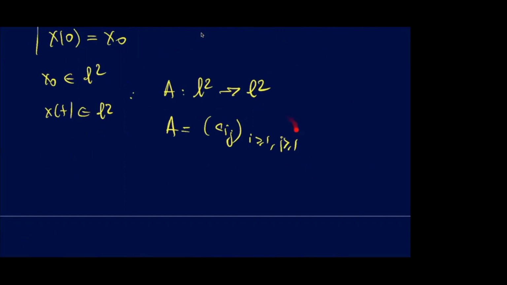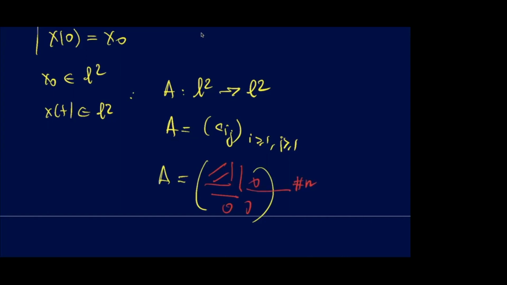Of course, this will always happen when A is of finite rank, right? If A is something like this, in which you have a non-trivial block of finite dimensions and then 0, 0, 0, and this block was of size n, this will be like a finite dimensional system n times n.